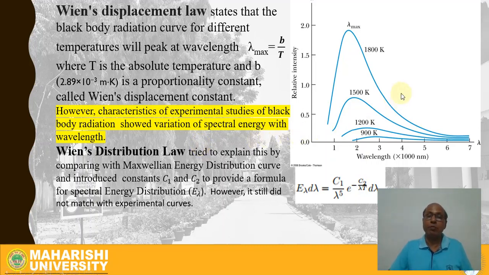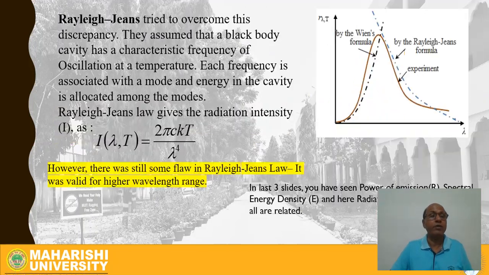So that means the experimental observations of black body radiation, especially for spectral distributions, could not be explained by Wien's distribution law. In the meantime, Rayleigh and Jeans tried to overcome this discrepancy of Wien's distribution law, and they were the first to assume that a black body behaves more like a cavity.